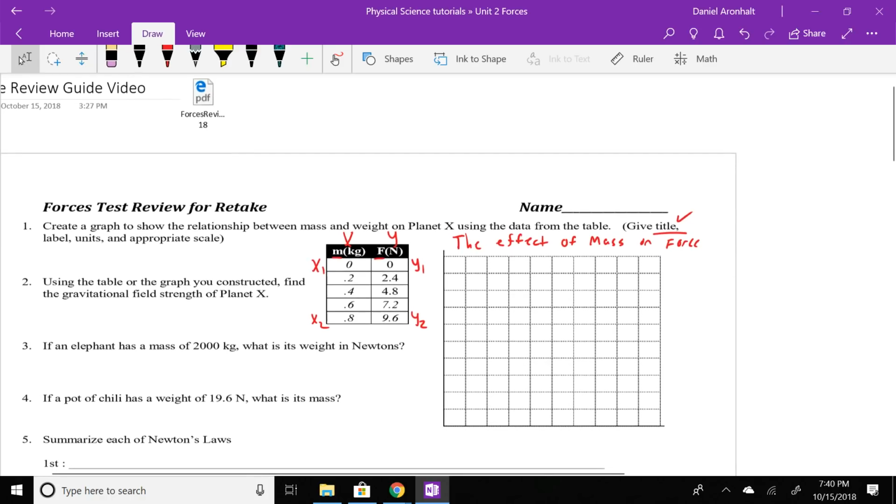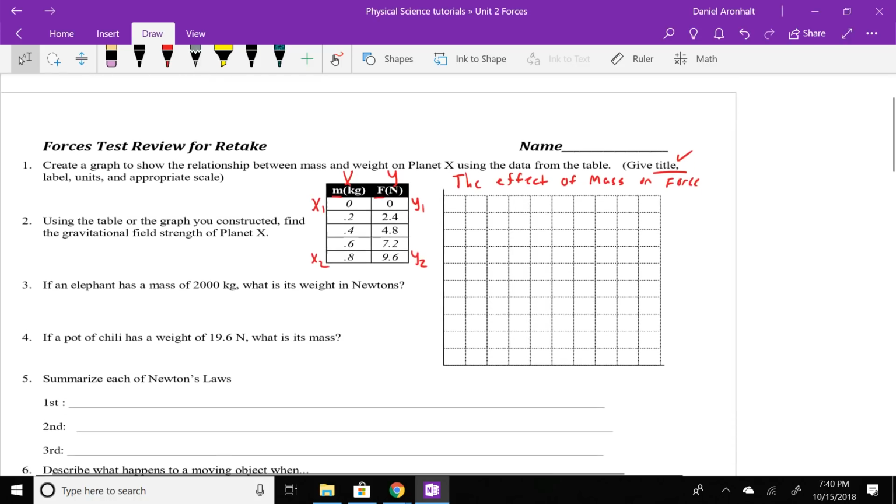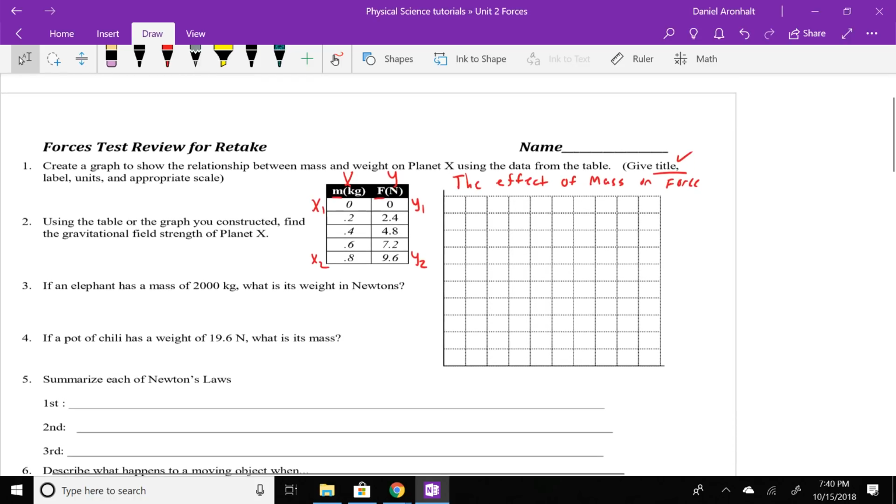Now let's go to the label, the unit, and the appropriate scale. As far as labels go, they go on the side over here, and some people put them on the top and bottom, and that's fine. Remember, this is the x-axis, so that goes on the bottom. This is the y-axis, that goes on the side, and the bottom is mass.